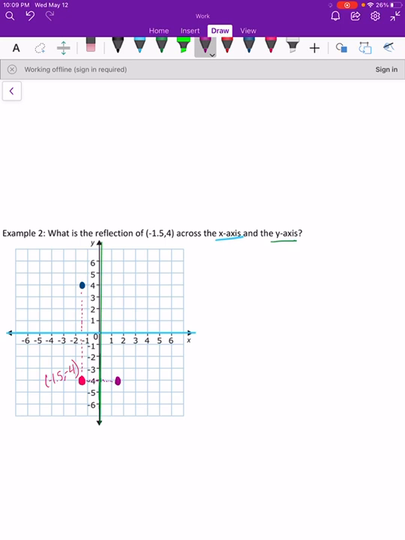So this turns it into a positive 1.5, but it still stays at negative 4. So the reflection of negative 1.5, 4 over the x-axis and the y-axis is 1.5 comma negative 4. And there we go.